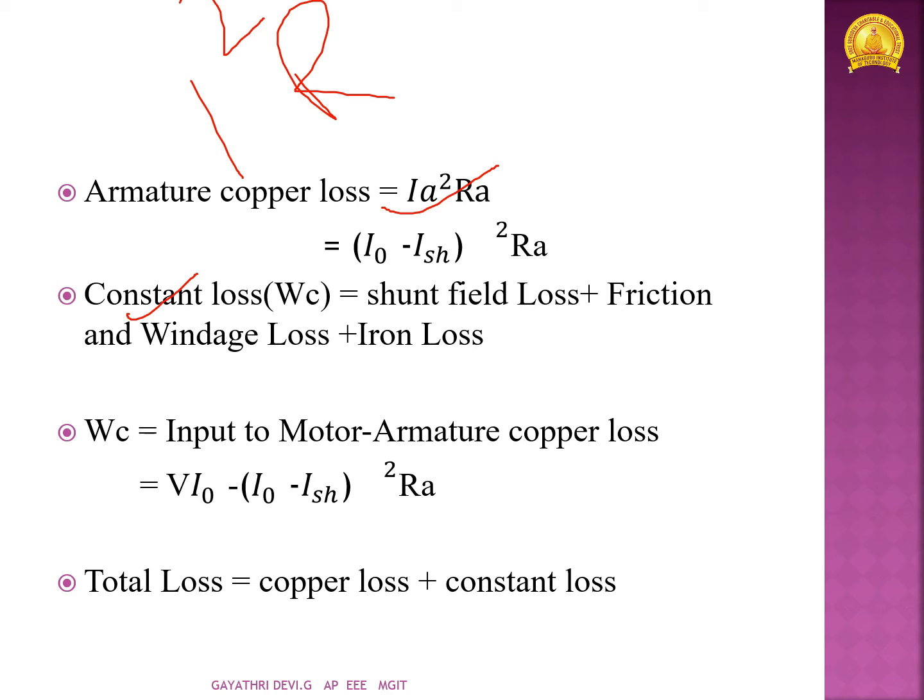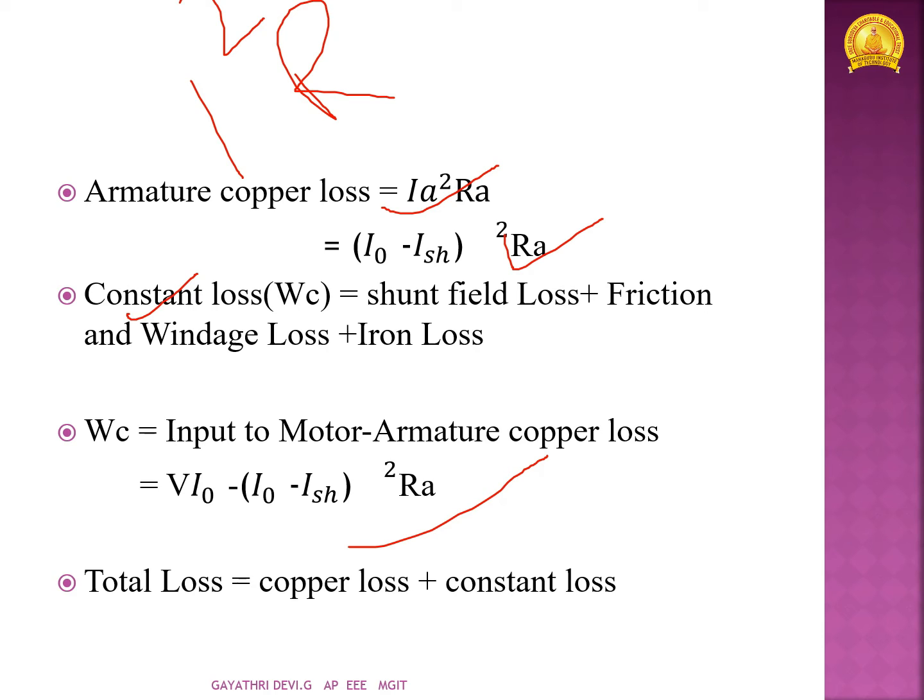Input to the motor, in the previous slide we have found the input power to the motor as V into I0, and also from the above equation, I0 minus ISH the whole square into Ra is the armature copper loss. Substituting both these values we can find out directly the constant loss occurred in this test. So WC, the constant loss, can be written as V into I0 minus ISH the whole square into Ra.